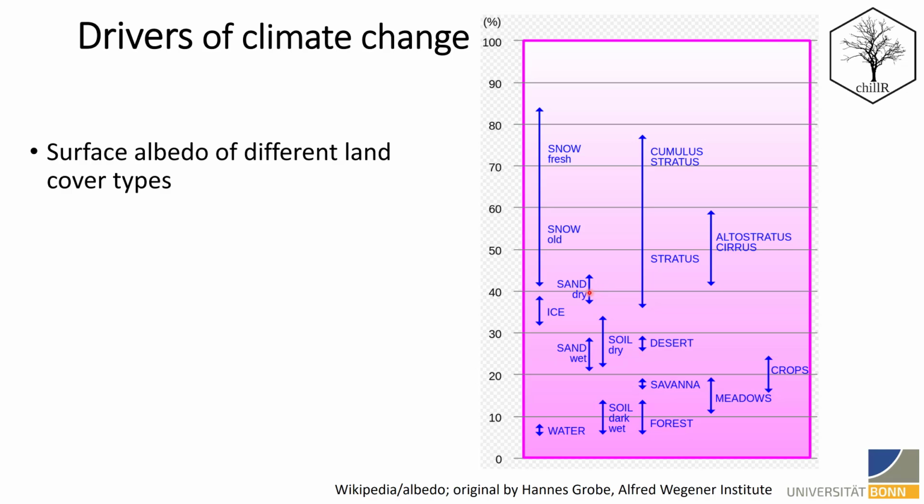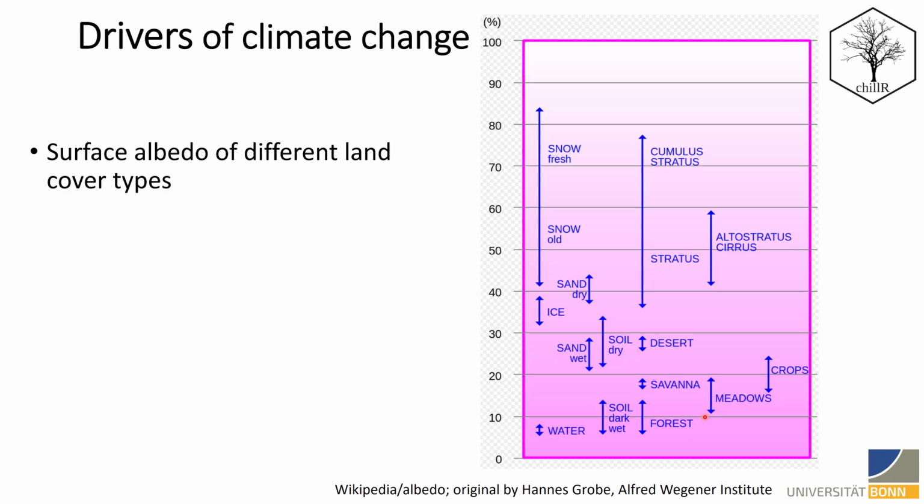Reflects still quite a bit of radiation. Wet sand's already less because it's usually darker, and the water will also absorb a lot of the radiation. Dry soil is here. Wet soil, you see, this only reflects about 10% of the radiation that comes in. Water even a bit less. So water will absorb the vast majority, or almost all, of the radiation that it gets hit by.